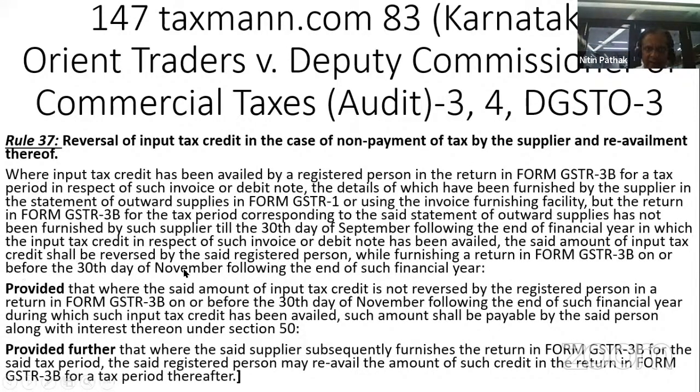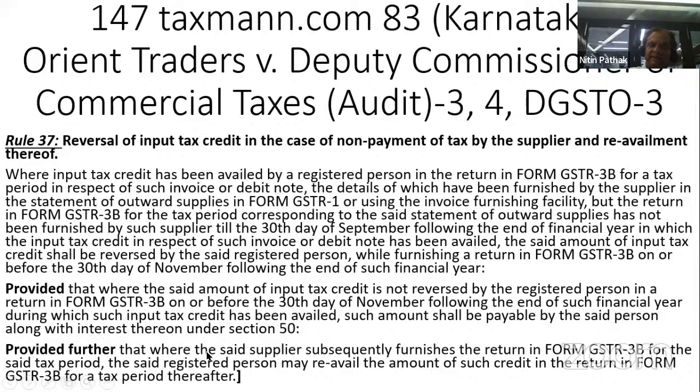The credit has to be reversed by the registered person while furnishing 3B on or before 30th November following the end of the financial year. Provided that where the said amount of input credit is not reversed by the registered person in the return of GSTR-3B on or before 30th day of November following the end of such financial year during which such input credit was availed, such amount shall be payable by the said person along with interest under Section 50.